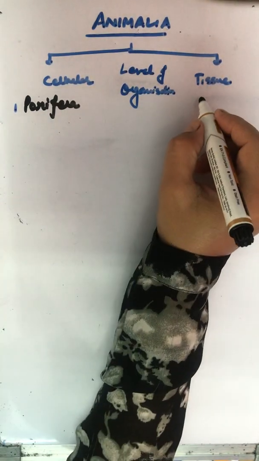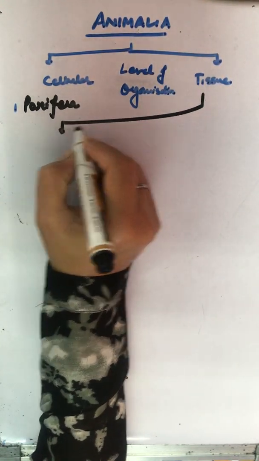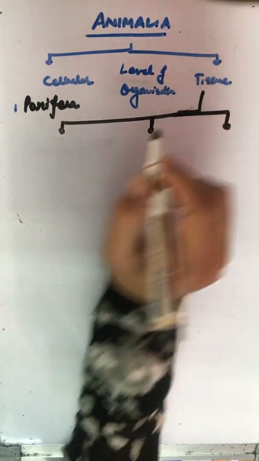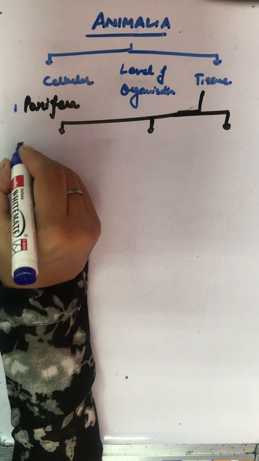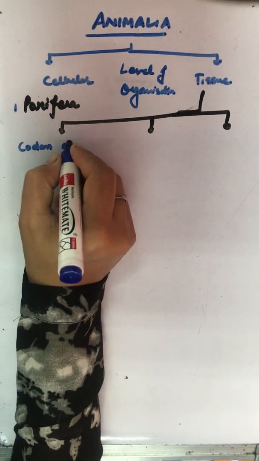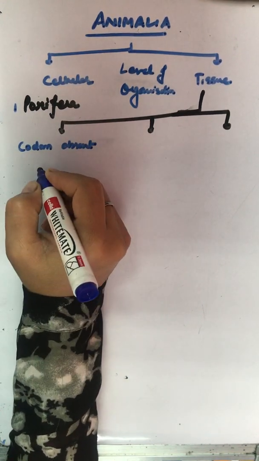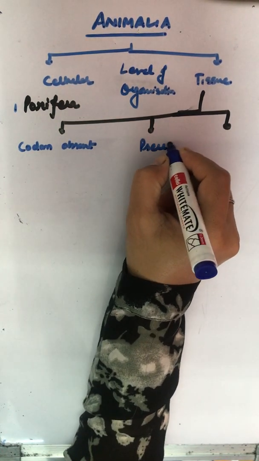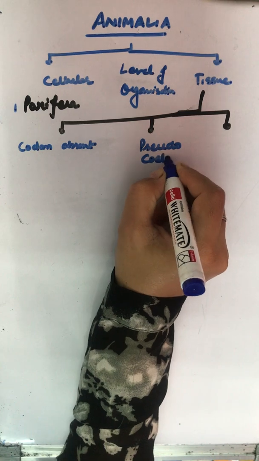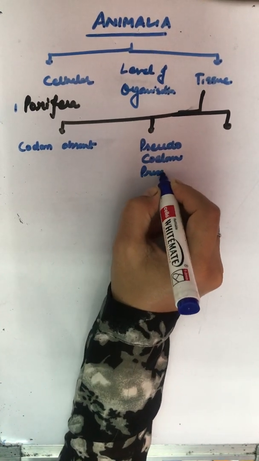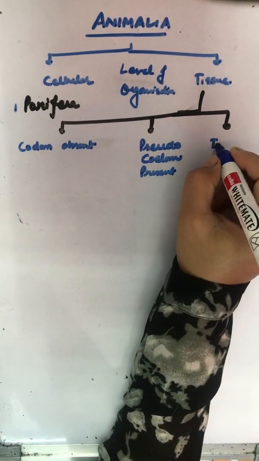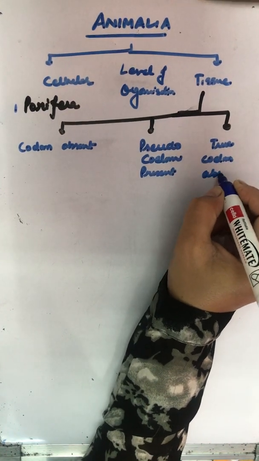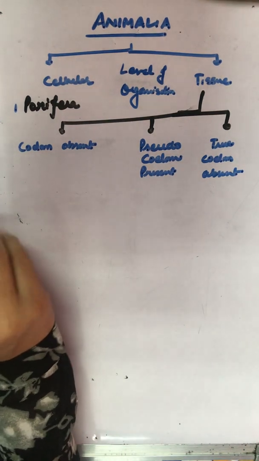And in the tissue level, we have further differentiation into coelom absent, pseudocoelom present, or true coelom present.